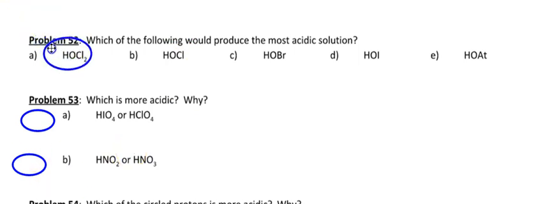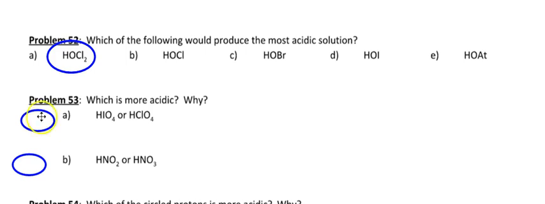Well, if you said the one with 2 chlorines, you are right. Okay, so which one of these is more acidic? All right, hydroiodic acid, periodic acid, or perchloric acid? Which one is more acidic? Again, where is the hydrogen? Is it on the O directly or is it on the iodine or chlorine directly? Well, it's on the O. So the size won't make a difference, will it?